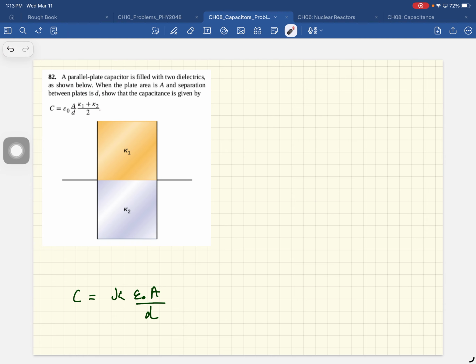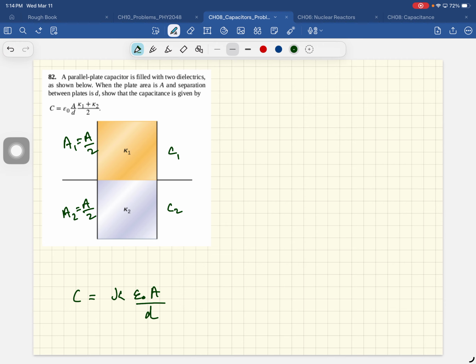Okay, so here's the trick. If you think of this as one capacitor and this as the other capacitor, then how are these two connected? They are connected in parallel. Okay, so we'll call this C1, C2. The area A1 is A over 2, A2 is A over 2.